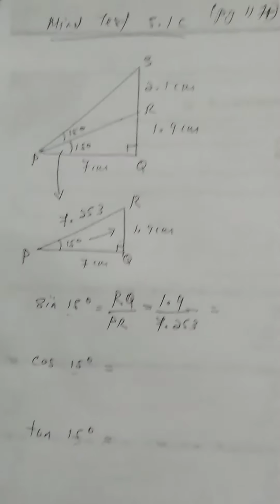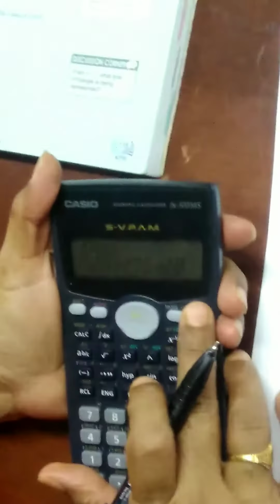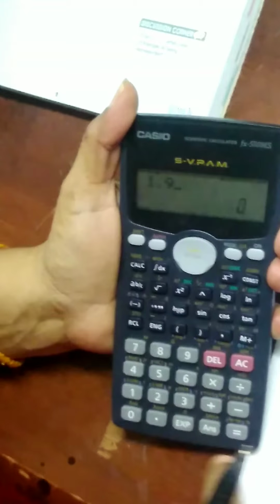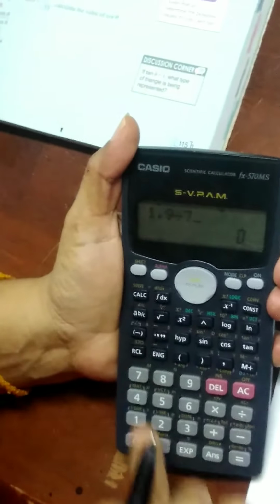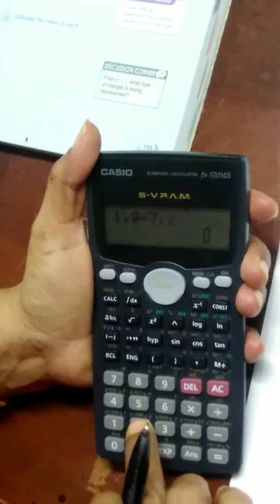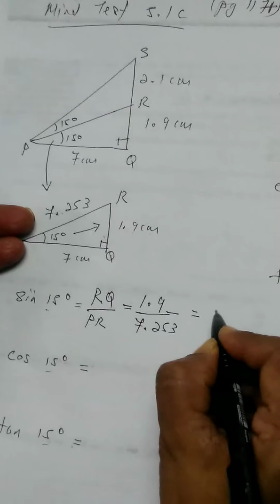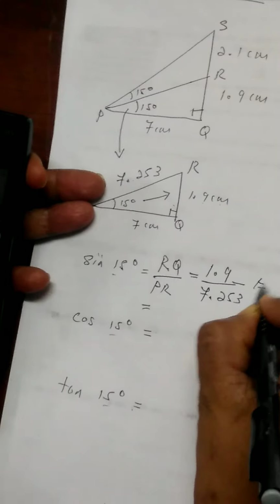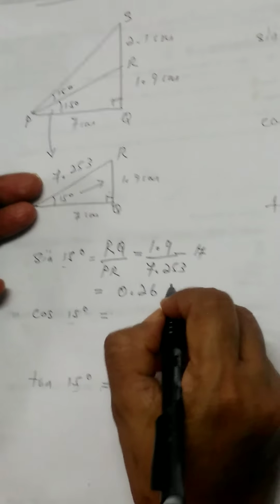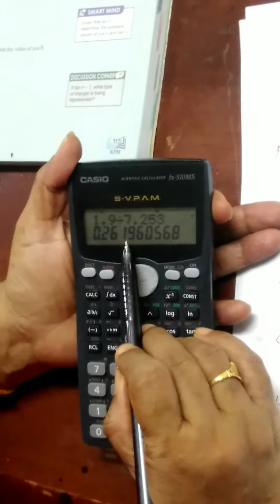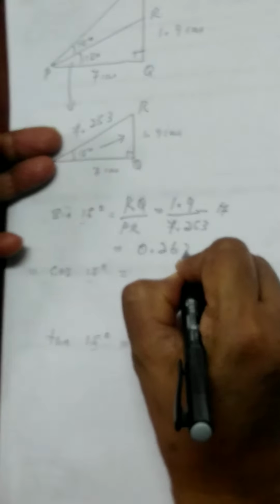Okay, so we'll calculate that. So I'll get about 0.26196. So we round it off.